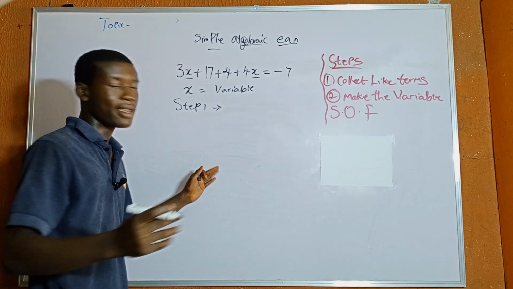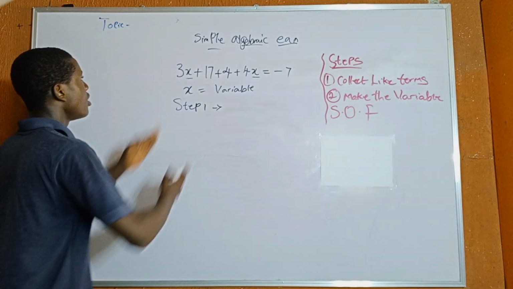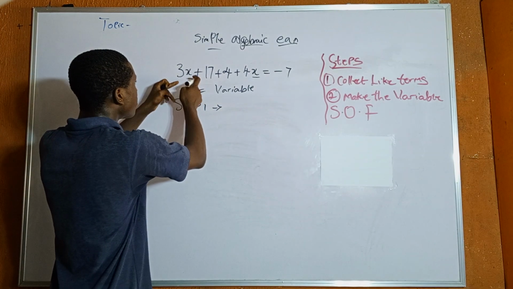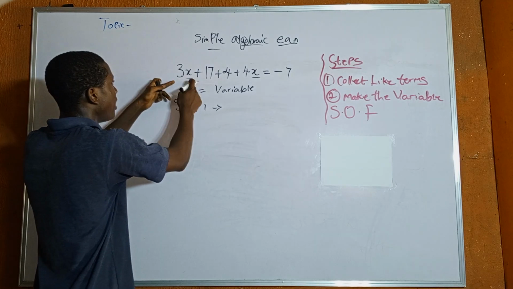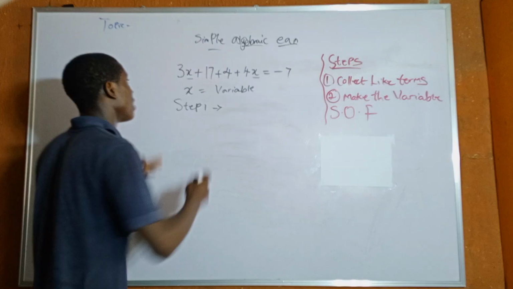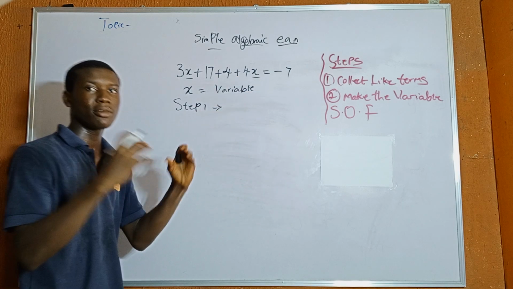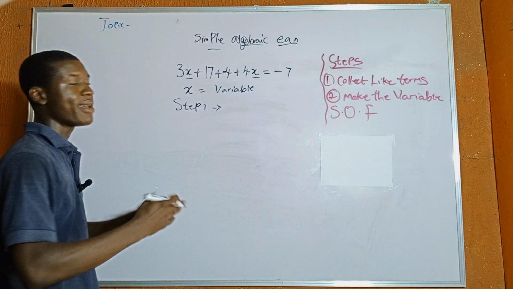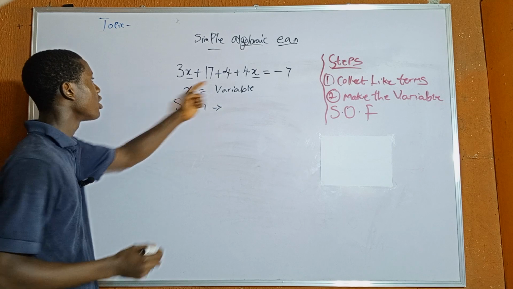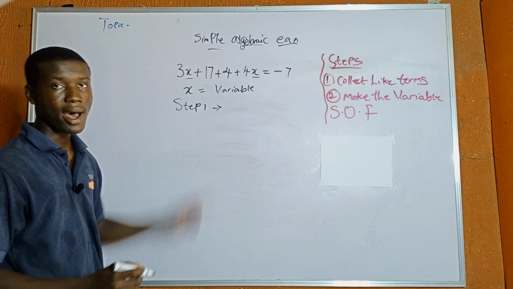Now collecting like terms, what this simply means is that those values, those unit values like 3x, which contains the variable, like 3x and plus 4x, we should bring them together and add them or subtract them according to the way the signs are.